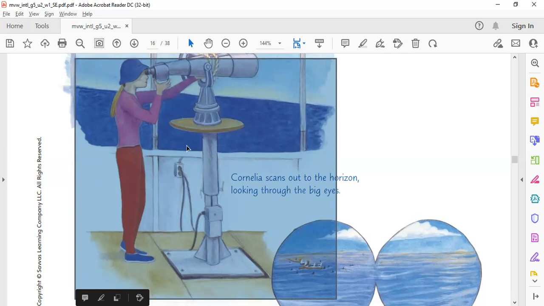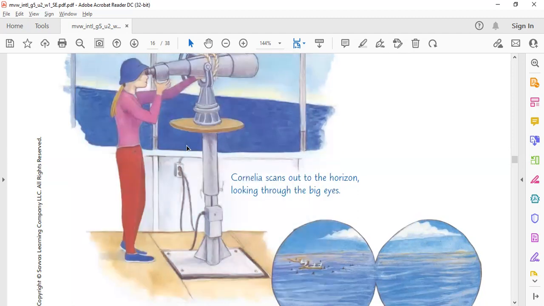Text feature. Very good. Is it a diagram, a graph, or a picture? Picture. It's a picture, very good.